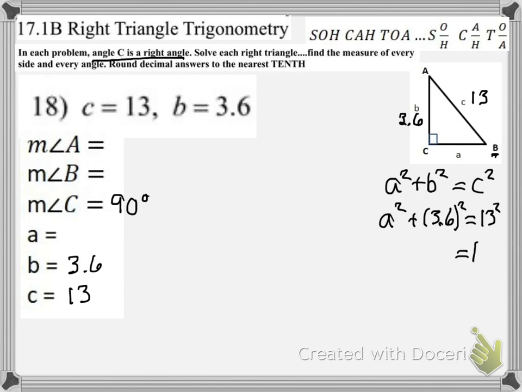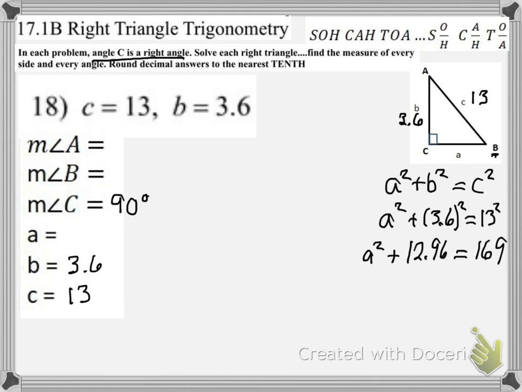I happen to know 13 squared is 169. I don't know 3.6 squared in my head, but I'll use a calculator and I'll figure out that 3.6 squared is 12.96.